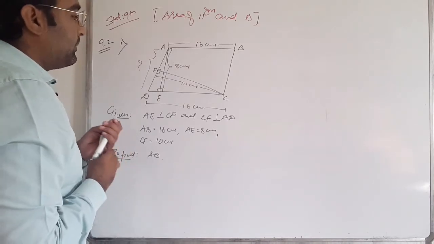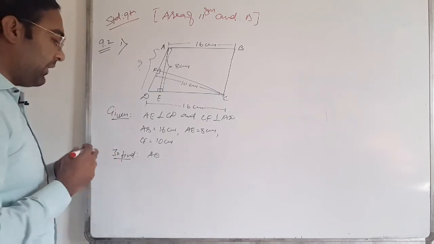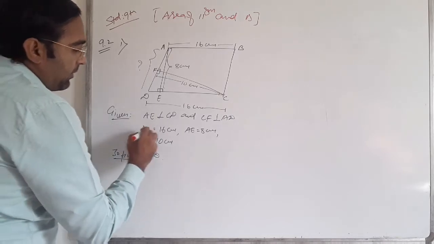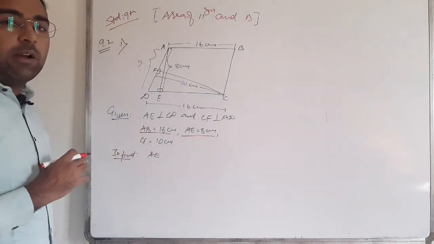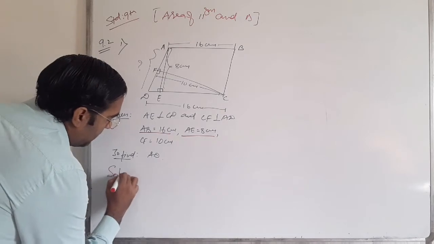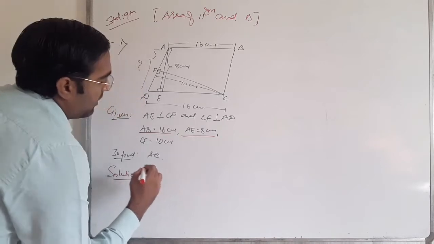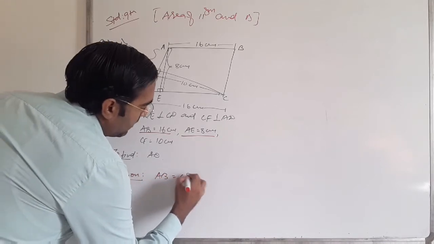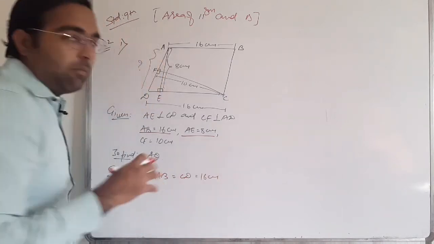So let's start. First of all, two things are given, AB and AE, so from that we find the area of the parallelogram. Solution: AB is equal to CD is equal to 16 centimeter, sides of the parallelogram.